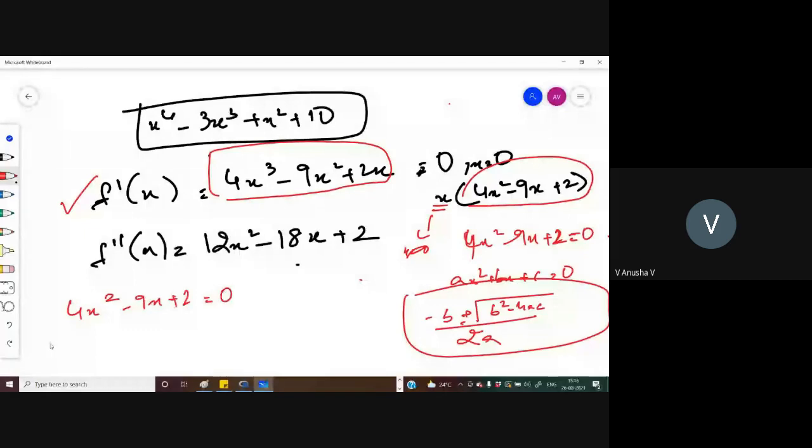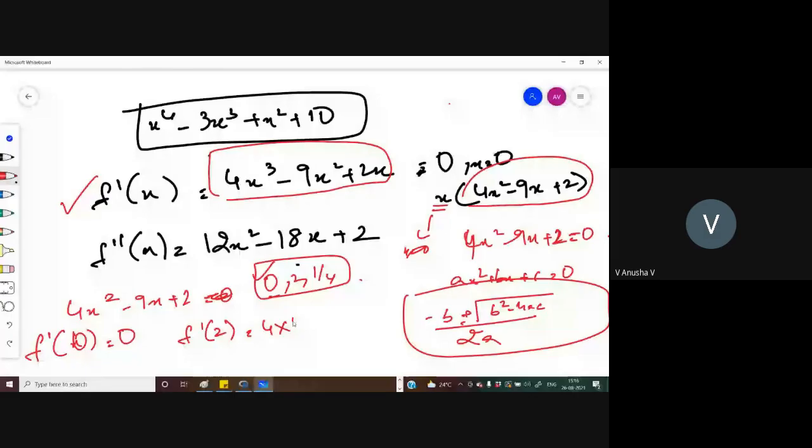So we need to first of all find f'(x). We are considering the values 0, 2, 1 by 4, checking whether these can be the stationary points. First of all, f'(0) will be 0 only, so it is one of the stationary points. Then f'(2): 4 into 4, 16, minus 9 into 2, plus 2. It is 18 minus 18 is 0. Yes, this is one of the stationary points.